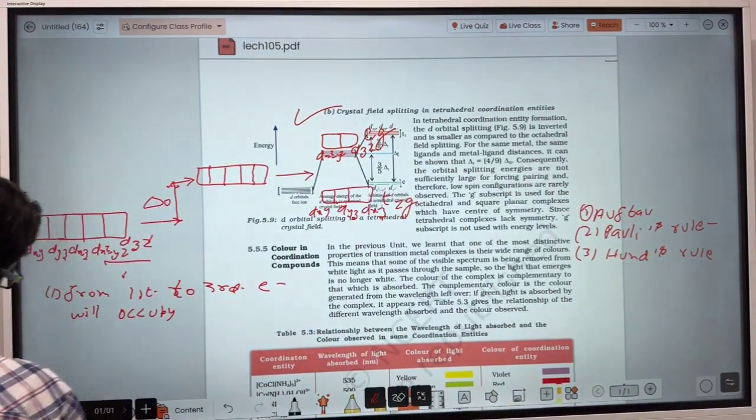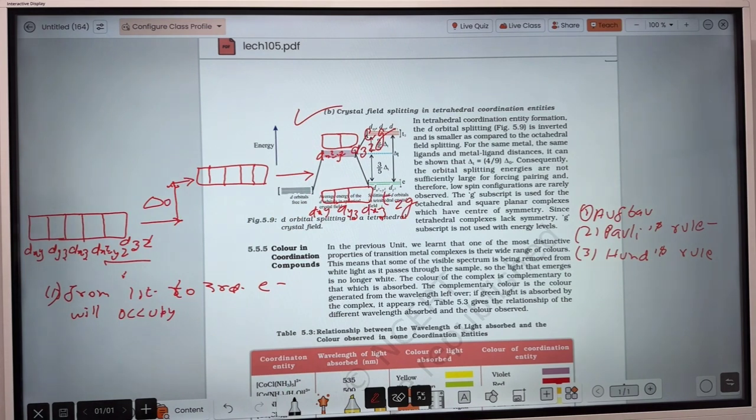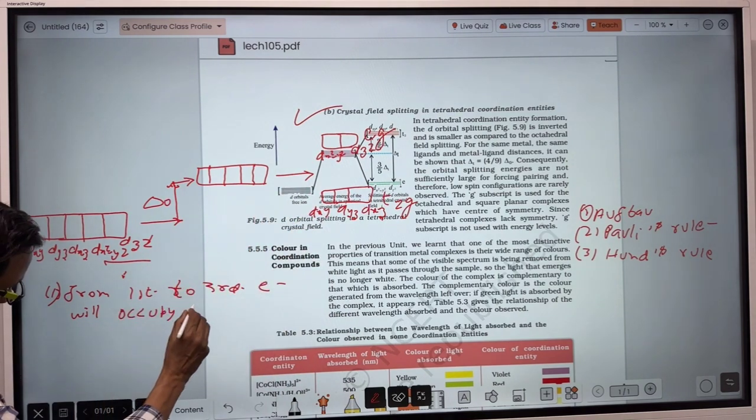So first to third electrons will occupy the positions in T2g energy level.